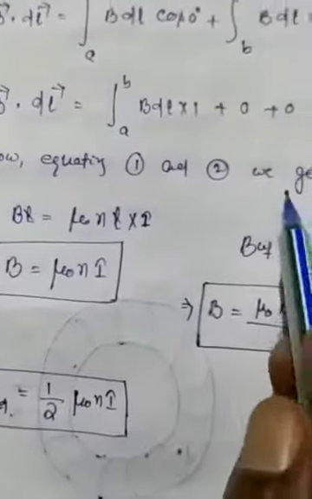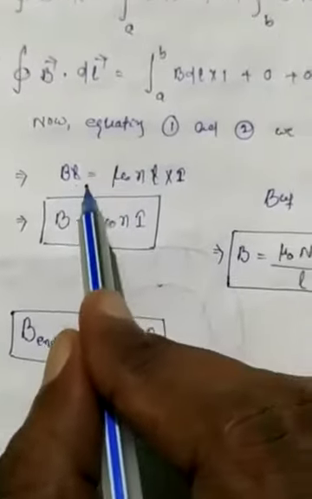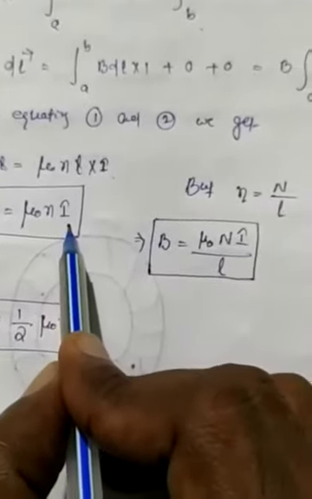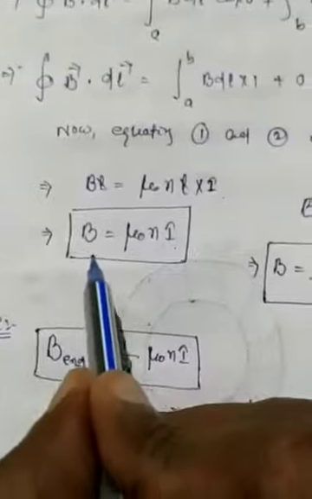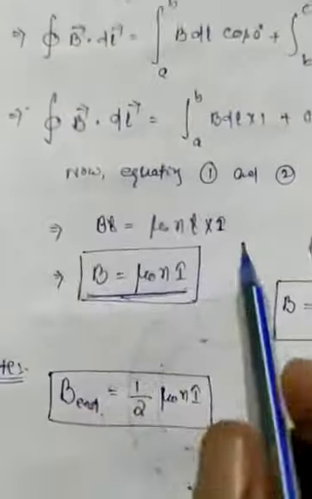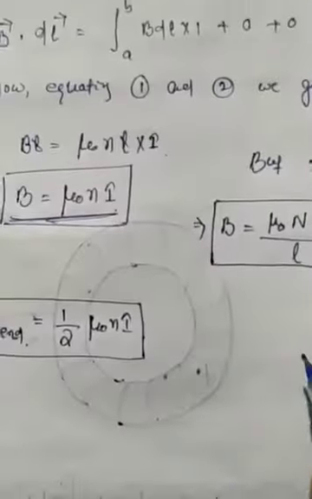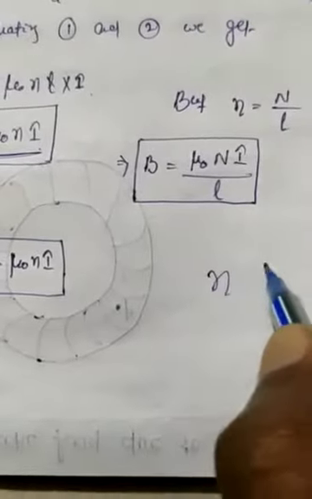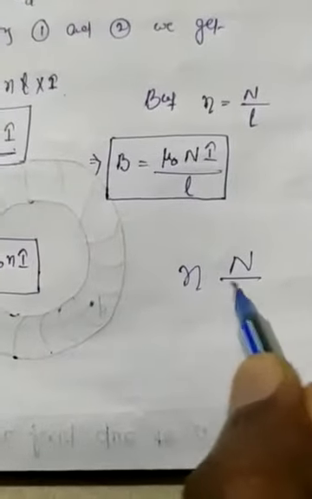Now equating 1 and 2, we get BL is equal to mu 0 nL into I, or B equals mu 0 n into I. This is the magnetic field due to the whole of the solenoid. But what is n? The number of turns per unit length.